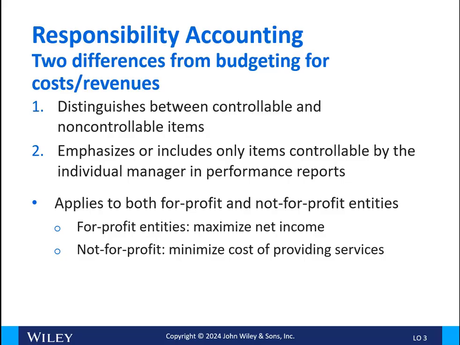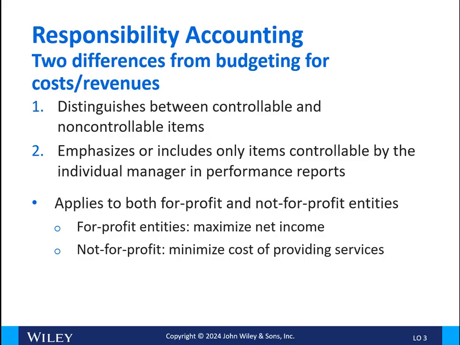It's only costs that they can control and have an impact on changing, both positively and negatively, and that's what's going to be in the report. This applies to both for-profit and not-for-profit entities. With for-profit entities, we're going to try to maximize net income. For not-for-profit organizations, we're going to minimize the cost of providing services.